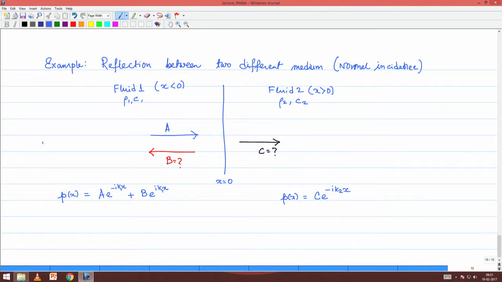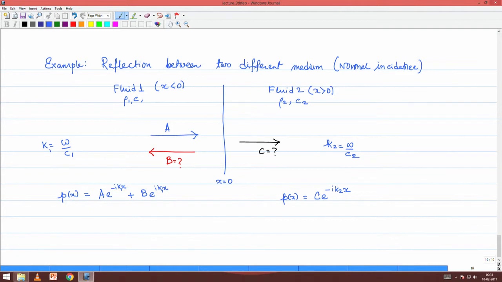Remember, k 1 will be omega by C 1, whereas k 2 will be omega by C 2. The omega is same, we are talking about a single frequency analysis as we said in the case of harmonic assumption, but even for the same frequency, because the sound speeds in these two medium can possibly be different, we will have to account for the fact that the wave numbers can be different. So, therefore, k 1 and k 2 could possibly differ between these two fluids.